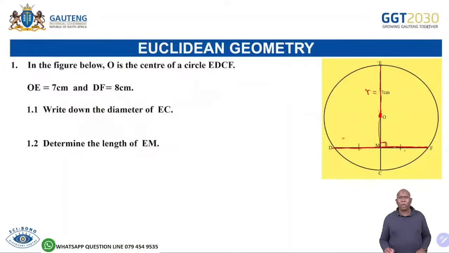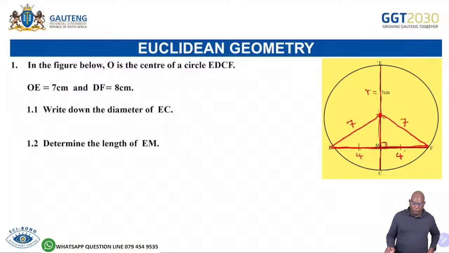It bisects the chord, which means that if that whole line is 8, this is 4, that is 4. And that is a radius, that is a radius, and all those ones are going to be 7.